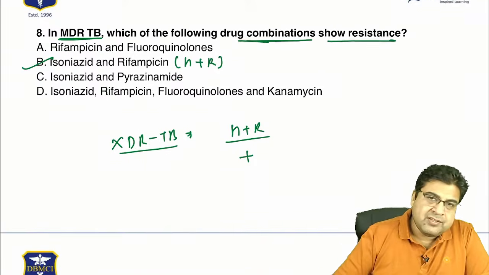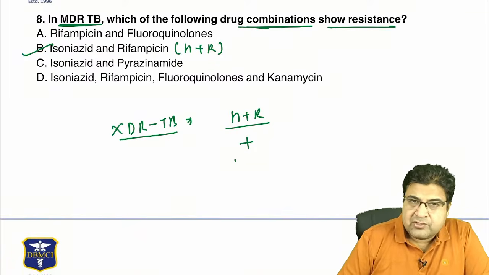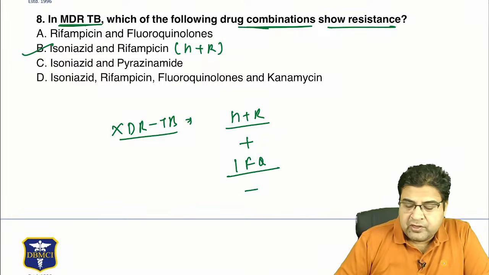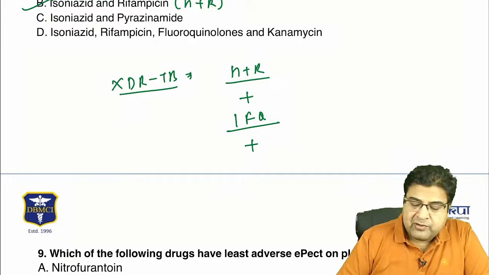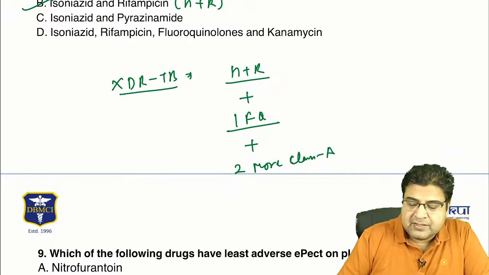Apart from H plus R resistance, the patient will have resistance to one of the fluoroquinolones, or the patient will have resistance to two more second line drugs, which we also call class A medicines, right?